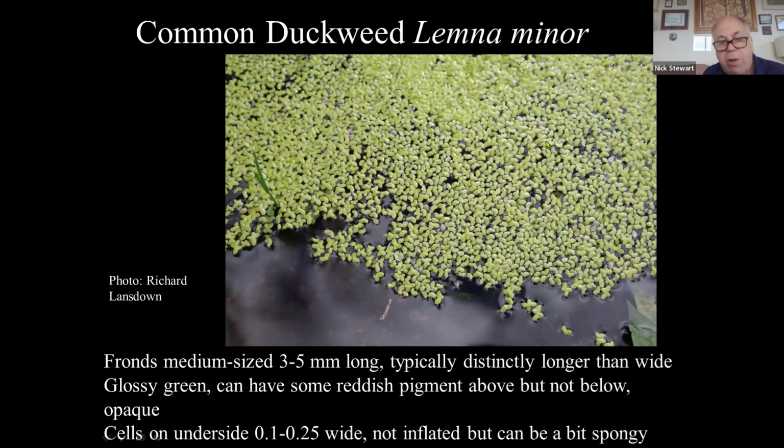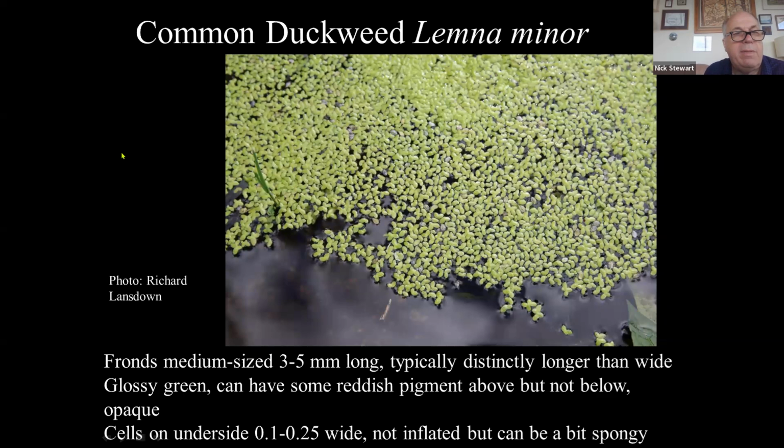So still glossy green. As I say, it can have, apparently, some red pigmentation on the upper surface, but not on the lower surface, like we're looking at in turionifera. I'm not sure I particularly ever noticed it. And the cells on the underside are distinctly smaller than those of Lemna gibba, but it can sometimes be a bit spongy.